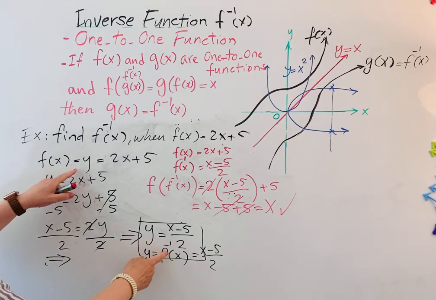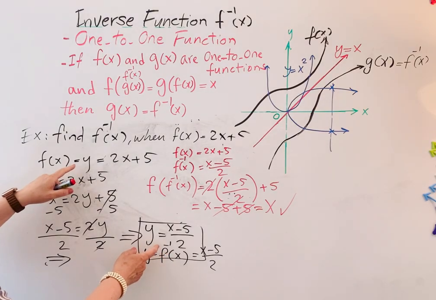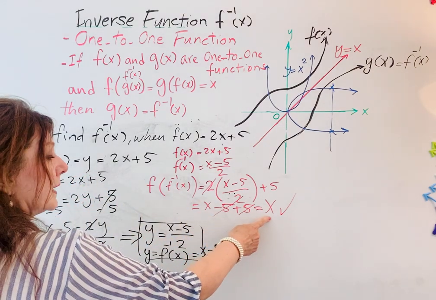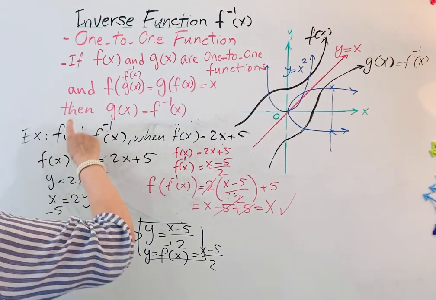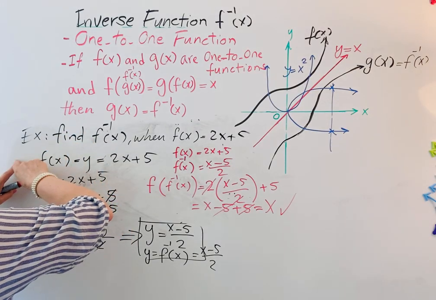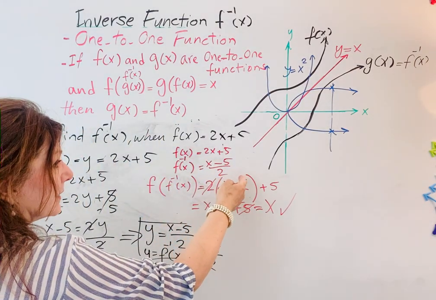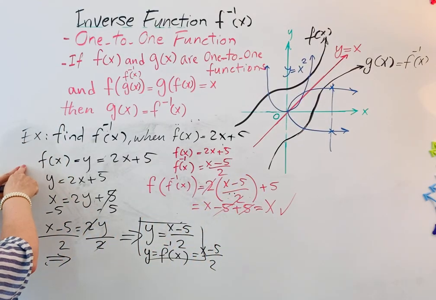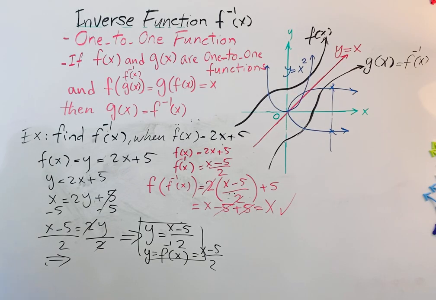And the composition of these two functions must be x, because one of the functions goes from input to output, and the other one, the inverse function, must come back exactly to x. Good?